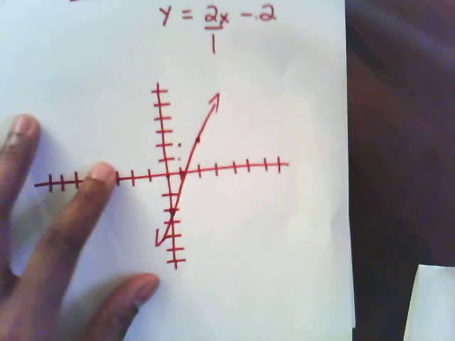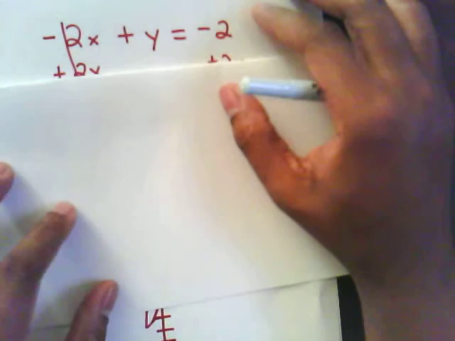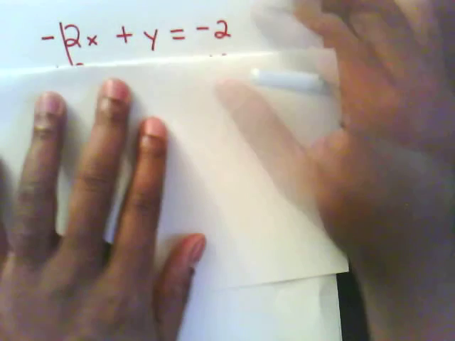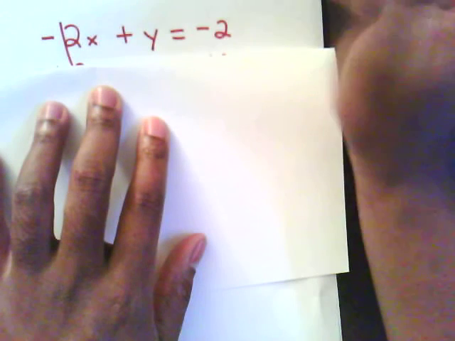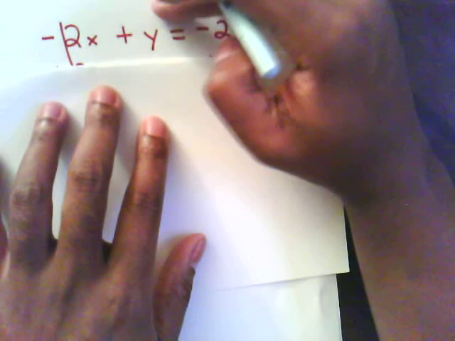Let's take a look at this one. The original problem is negative 2x plus y equals negative 2. Again, we want to put it in the form of y equals mx plus b.